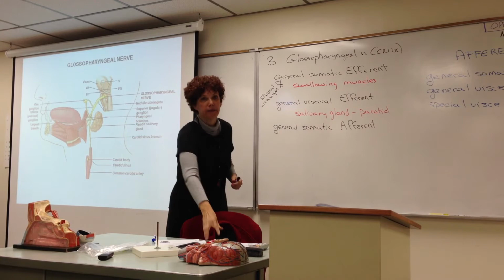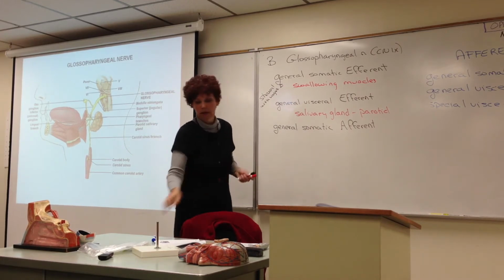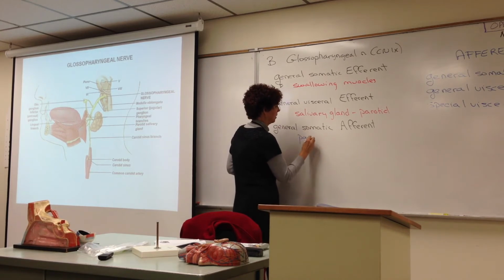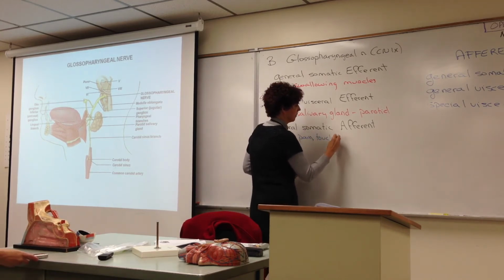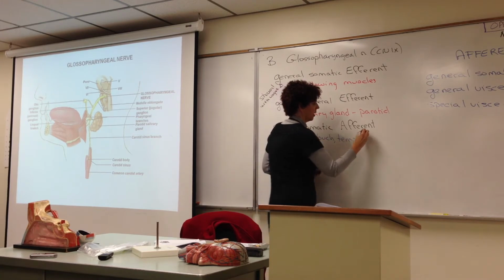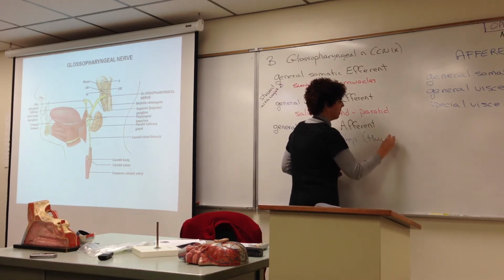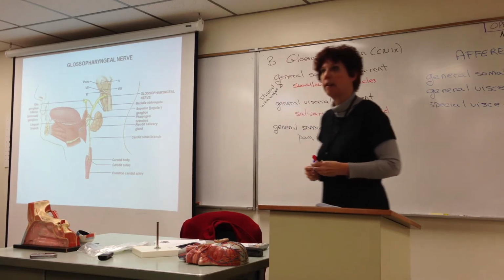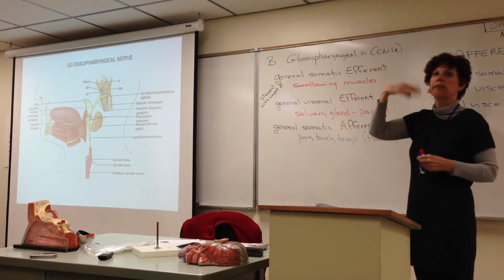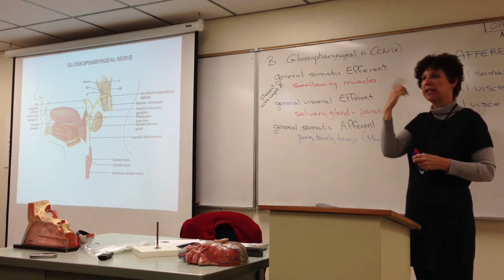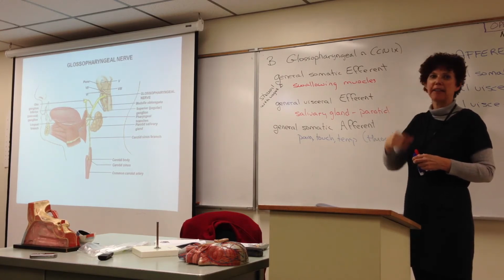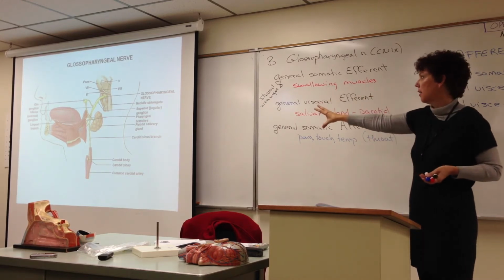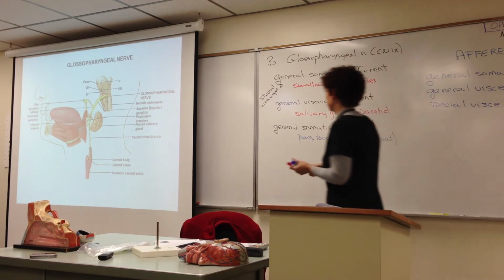Not from the mouth, but from the throat, because the mouth is trigeminal, if you remember. All right, so from the throat, the back of the soft palate. So if you stick your finger back and wiggle it around the back of your throat and you start gagging, that's glossopharyngeal and also shared with vagus. Okay?